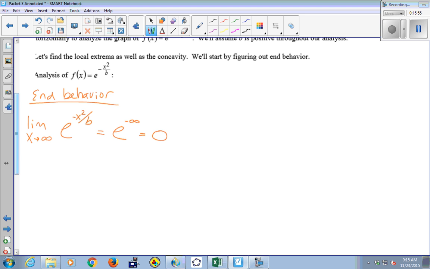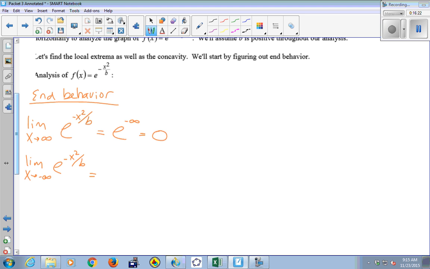Did you write that down? You can write it down if you want. All right, then what happens if x goes to negative infinity? Negative, still negative infinity. It still goes to 0, yeah.